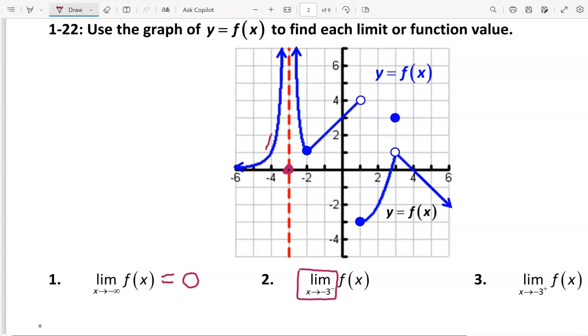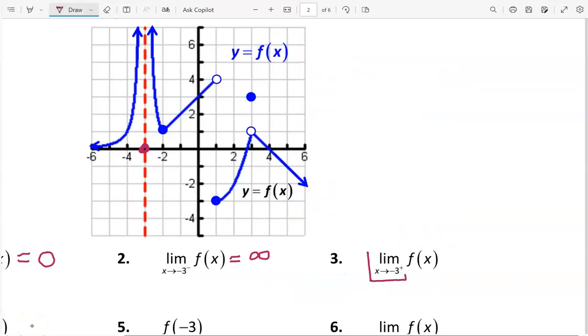However, if we travel close to x equals negative 3 on the graph, we'll notice that the y values are getting larger and larger and larger, or tending toward positive infinity.